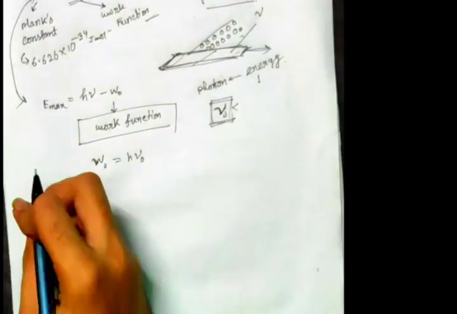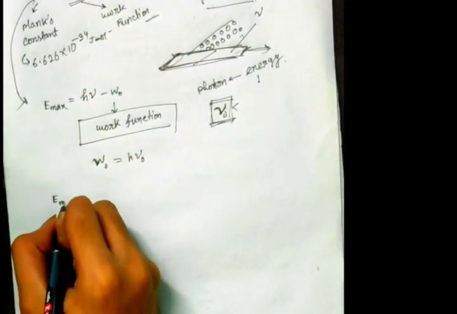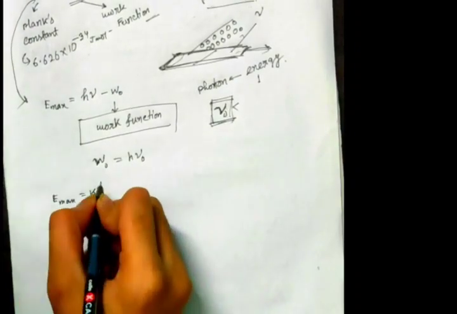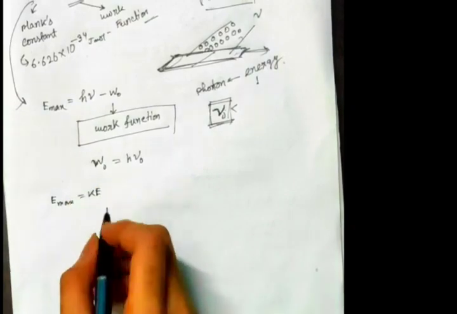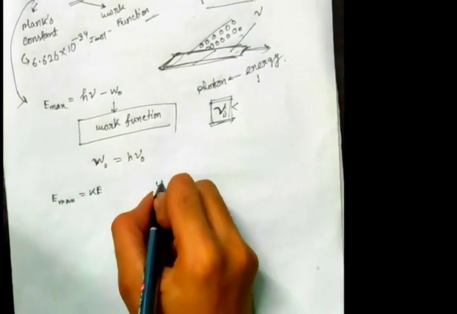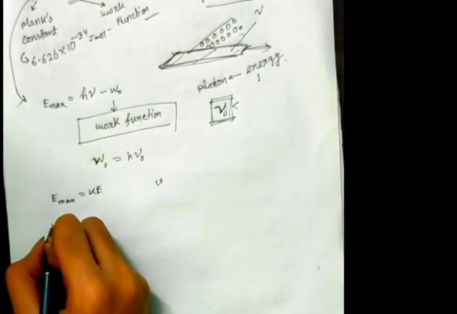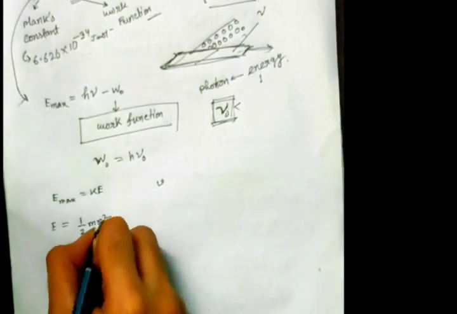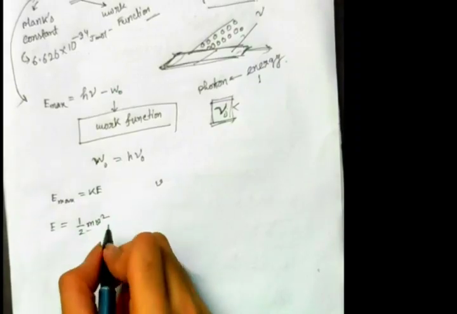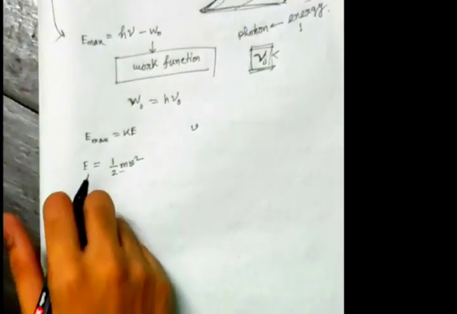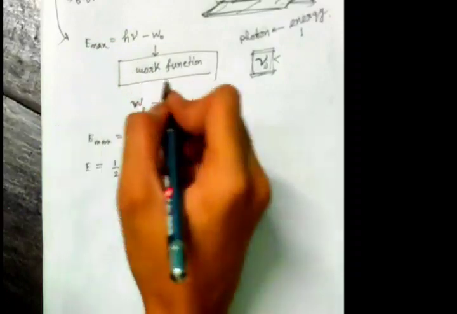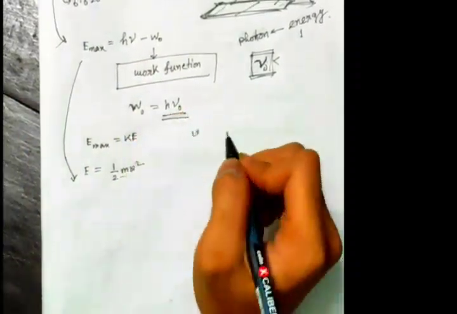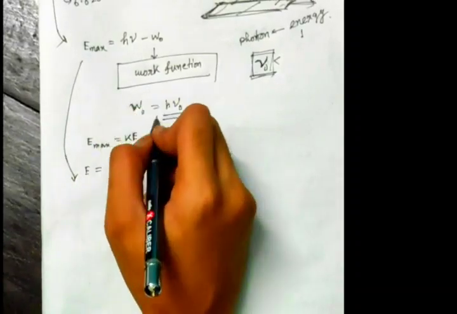Now what I said before, that E max is the kinetic energy, and we know that the kinetic energy of any moving body having velocity v is half mv square, where m is the mass of the body. So we can put this in this equation, using h nu naught as the work function.